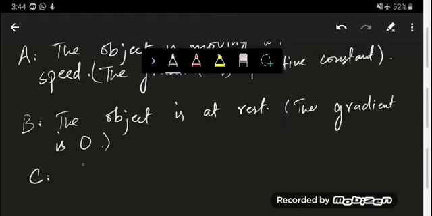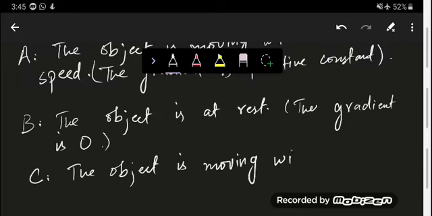Part C, the object is moving with an increasing speed. Although the distance is increasing, the object is moving with an increasing speed. Since it is moving in the same direction, you can also say here, only for this graph, that it is moving with an increasing velocity because the object is moving towards a specific direction.